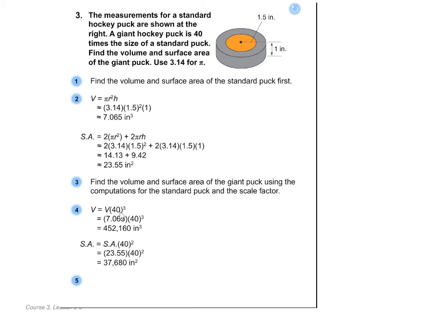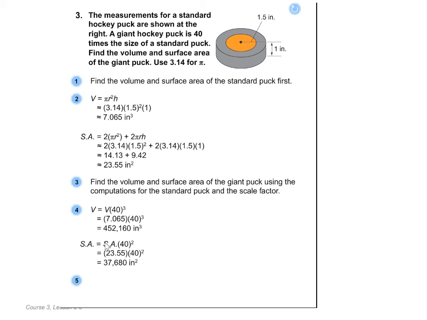So 40 cubed. We know that the volume was 7.065. That's where we get this from. Use your calculator and we get a volume of 452,160 cubic inches.